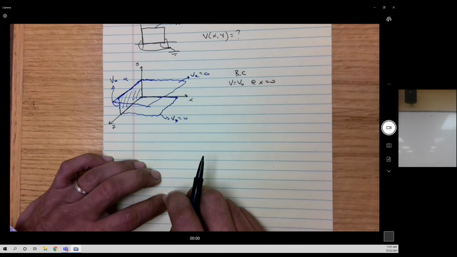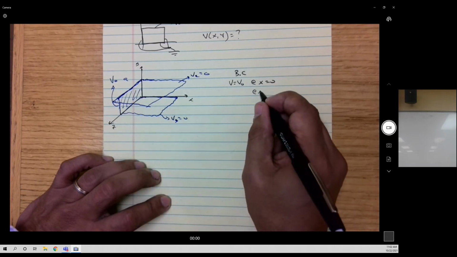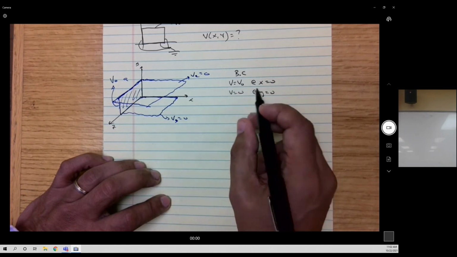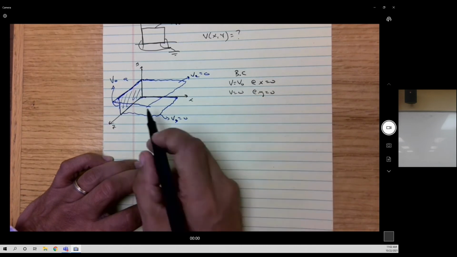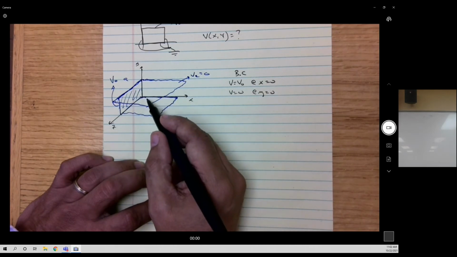Yeah. Makena, you have any boundary? What will be the voltage when Y equals 0? Yeah, so V will be 0 at Y equals 0. What will be the location of the top plate?